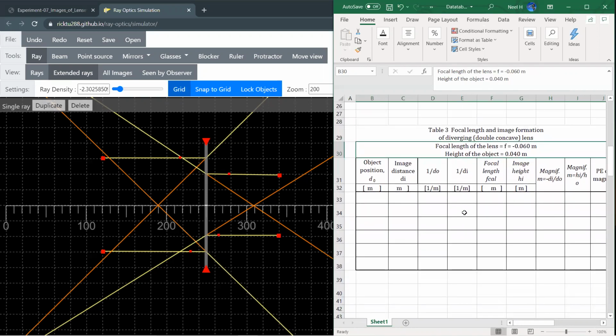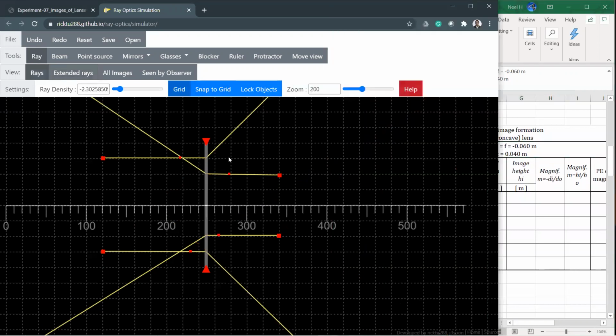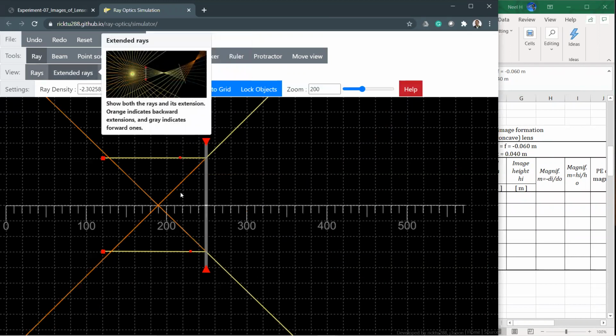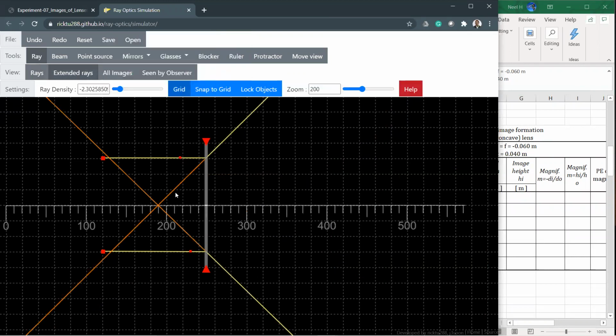Okay, so let's continue. We can get rid of these two rays, and we always need the extended rays for this case. Let's draw an object on the ruler. We can use the same numbers as we did earlier, because we are using the negative of the same number for the focal length.